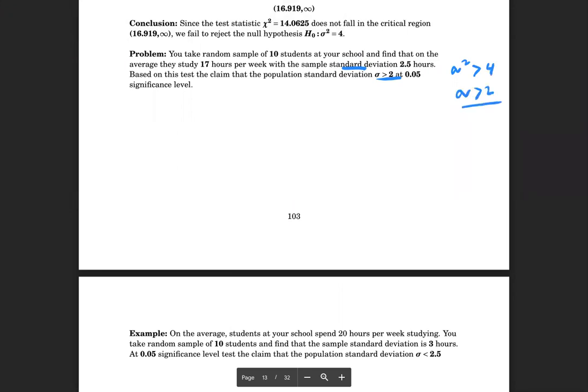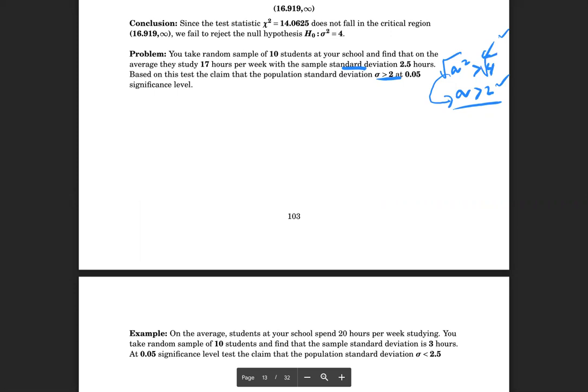We failed to reject. If you did not reject sigma square, then you won't be rejecting sigma either, because sigma square greater than 4 is an equivalent statement to sigma greater than 2 if you take the square root of both sides.